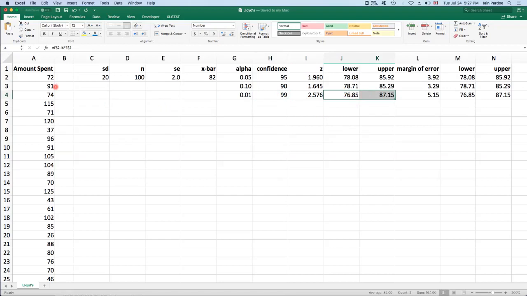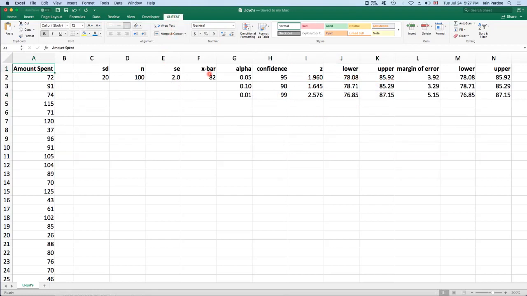There's another way of finding a confidence interval that bypasses all these formulas. I recommend using the formula method first just to come to grips with the formula and the idea. But once you've done that, it's much easier to simply use XLSTAT.